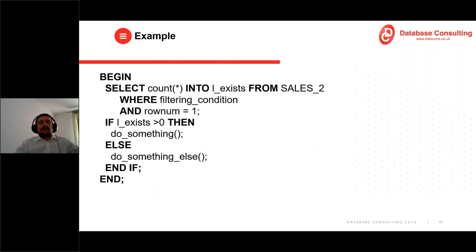The easiest answer is to add a predicate rownum equals 1. Actually, in this situation, it doesn't matter if just one row or many rows would satisfy this condition. So if one row satisfies it, it's enough.